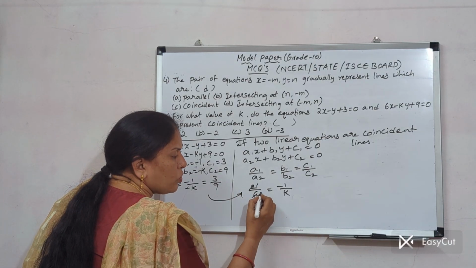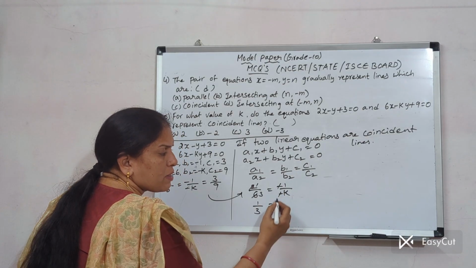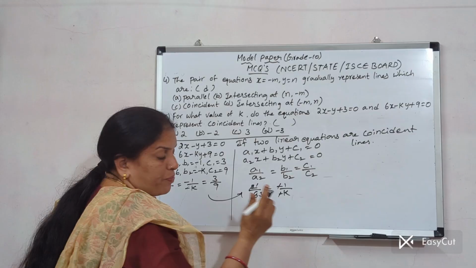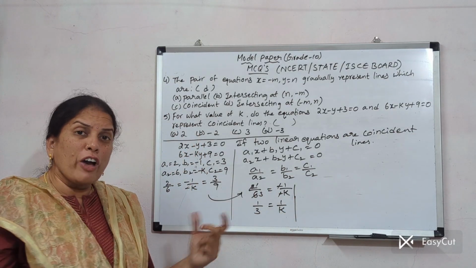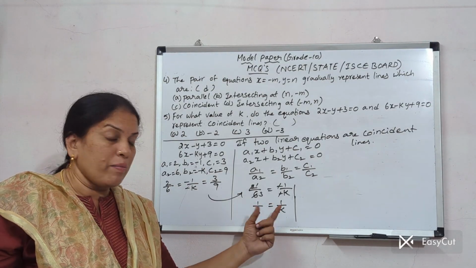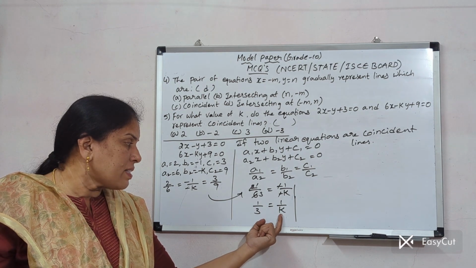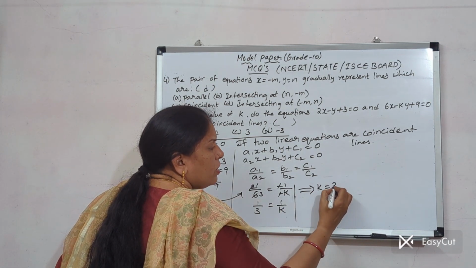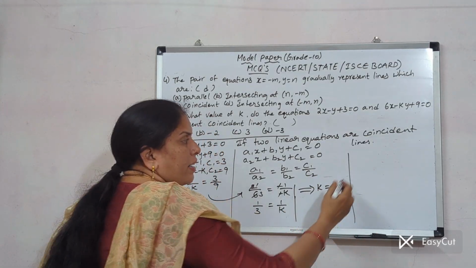Now, 2 ones are 2, 2 threes are 6. 1 by 3 equal to, minus and minus becomes plus, 1 by k. See here, if you observe, numerators are same. You can compare the denominators. So what is the denominator? k is equal to 3. This is the answer.